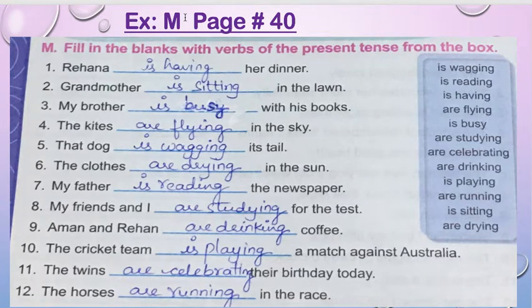Exercise M, page number 40. Got it, students? Now fill in the blanks with verbs of the present tense from the box. There is a box given and all the answers are in the box. We have to select an appropriate answer and fill in the blank. Now let us see what the answers are.